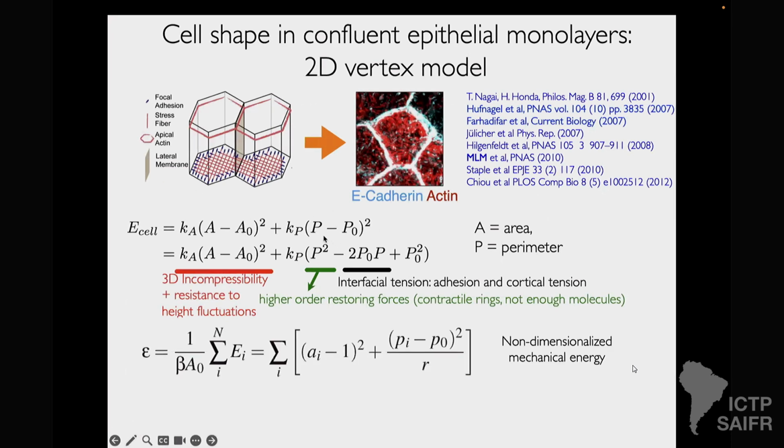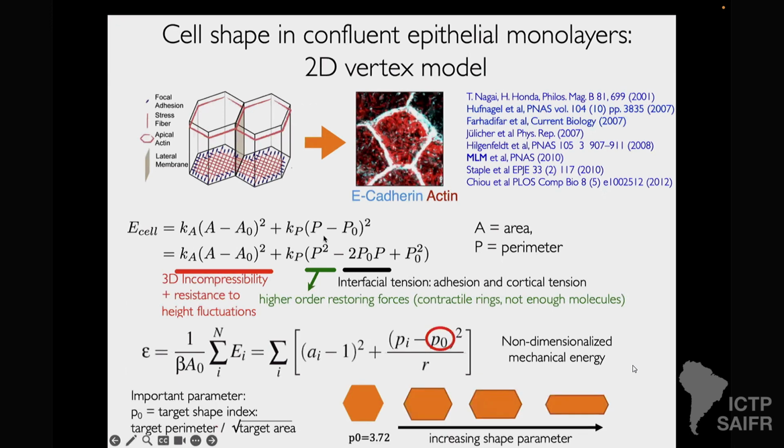So first, you non-dimensionalize the equations, and you see that there's basically one important parameter, which is called the target shape index, which is just the target perimeter divided by the square root of the target area. It's just the obvious dimensionless parameter. And so if I have something which is more rounded, this number will be small. And if I have something which is more elongated in general, that number will be a lot larger.